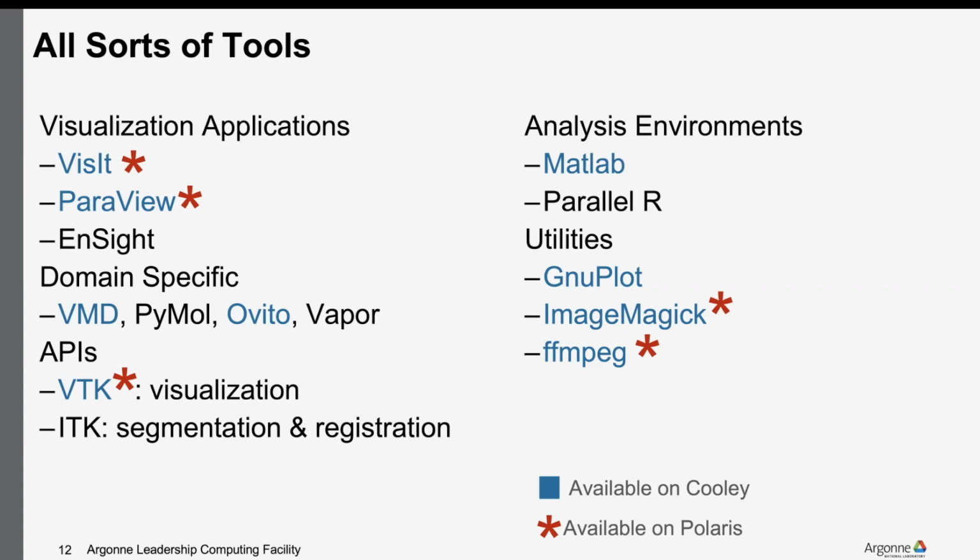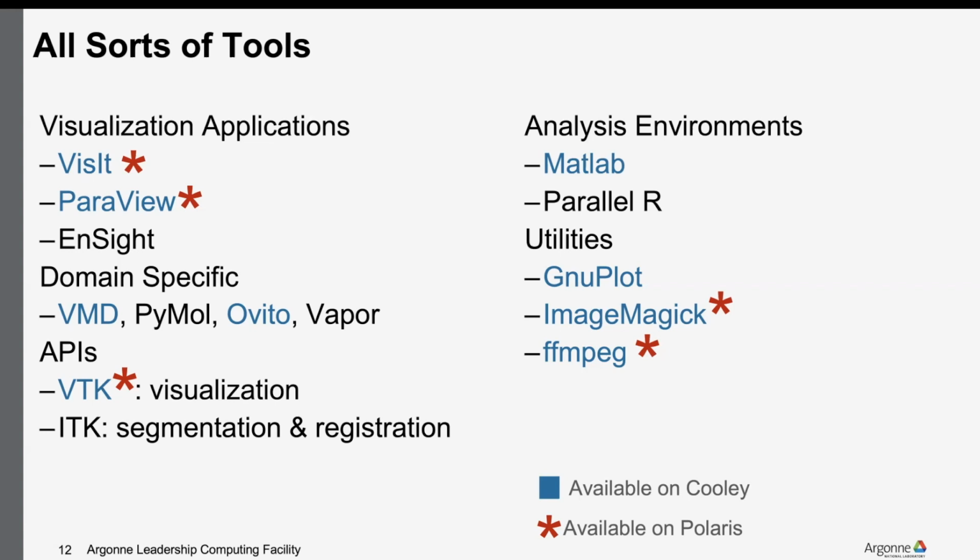In addition to these general purpose Viz applications like VisIt, ParaView, and Insight, Insight is a commercial tool, which we don't have installed here, but it is a tool that's used widely in the community.